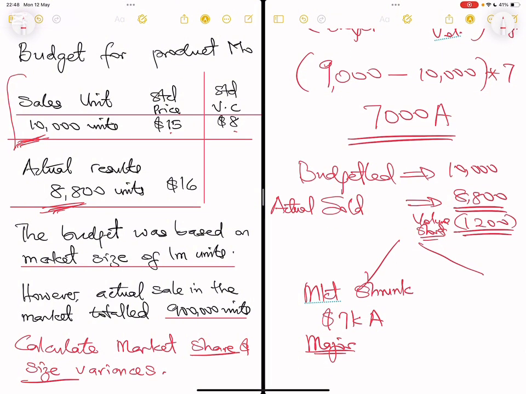And also, we didn't do so well. We lost some customers. So despite the fact that the market is shrinking, we are still losing even our customers. So we lost market share.